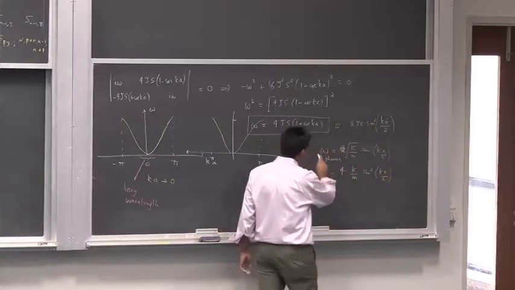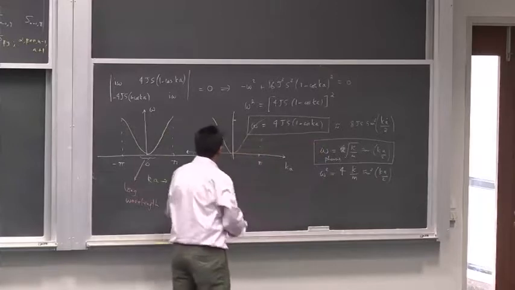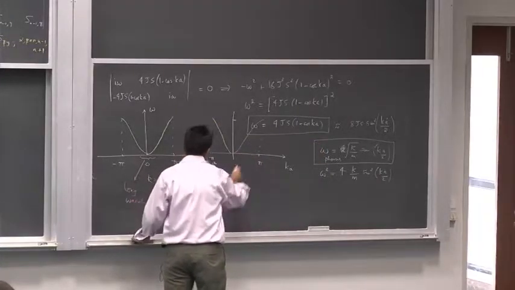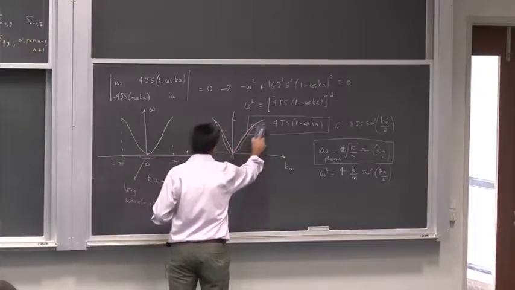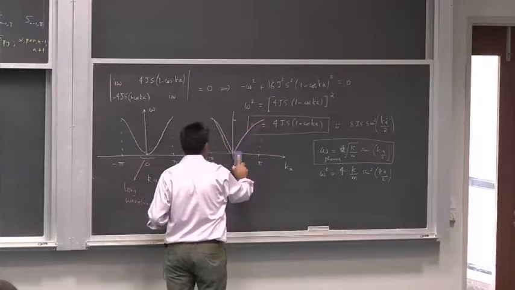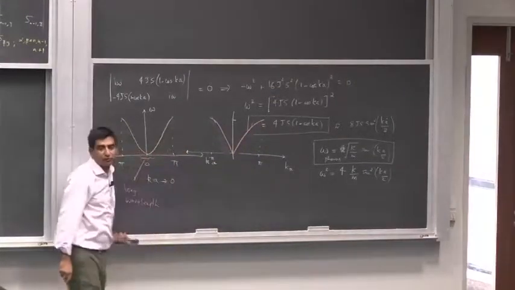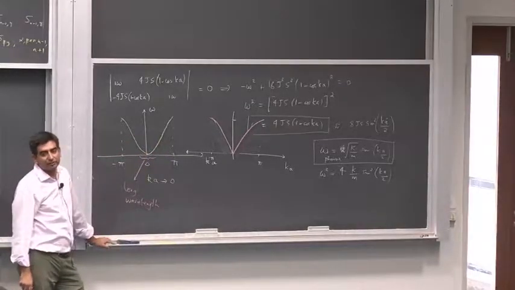So this is the dispersion relationship for phonons. It's a sine curve. It's like this. Sorry, I stand corrected. This is the relationship for phonons. This is the relationship for magnons or spin waves.